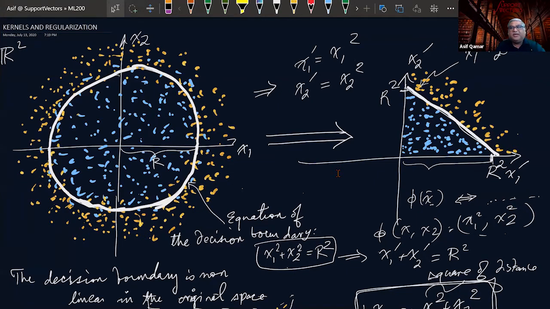There are two ways of doing it. One was the transformation that I mentioned, x1 prime being the square of x1 and so forth. And what it led to is this triangular situation. So in this little triangle in here, everything is blue. Outside the triangle, it is yellow.